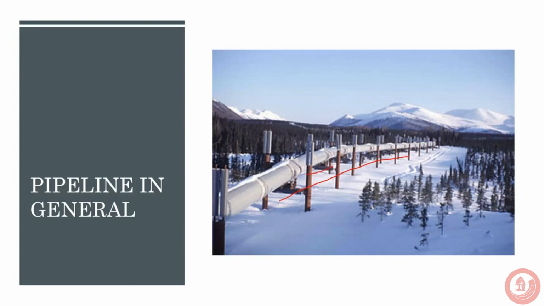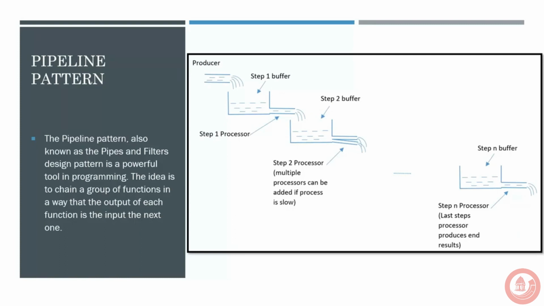The concept of the pipeline was picked up by the software industry, and they created a pattern called the pipeline pattern. The idea is that, let's suppose you have some source system, maybe a producer or source where you have some data. In this case, we have water, and this water is collected in some store. You can say this is our processor 1, or maybe function 1. It filters it and gives its output to another store, or another function.